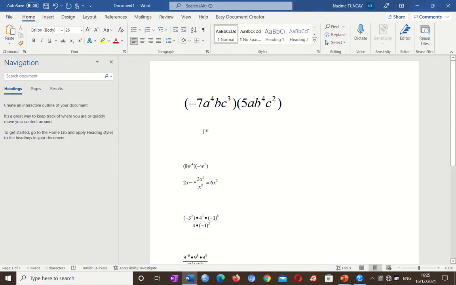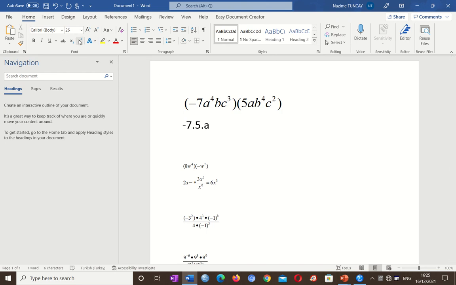What it says: -7, multiply by, first of all I take the constant, -7 multiplied by 5. Then I have to take these a's first of all and add the powers, exponents.